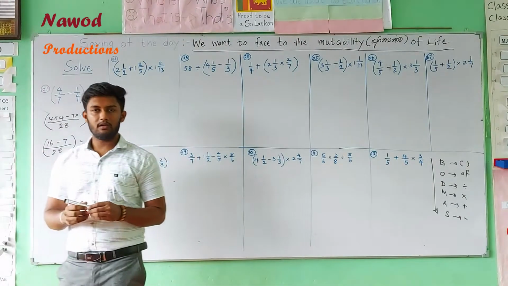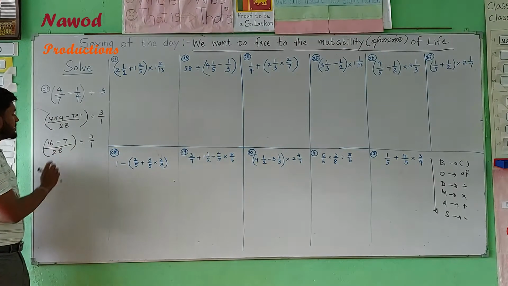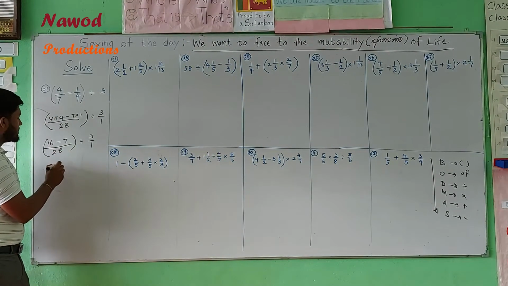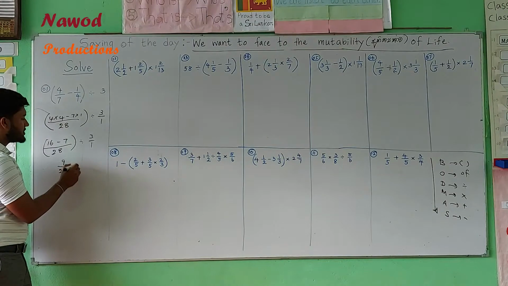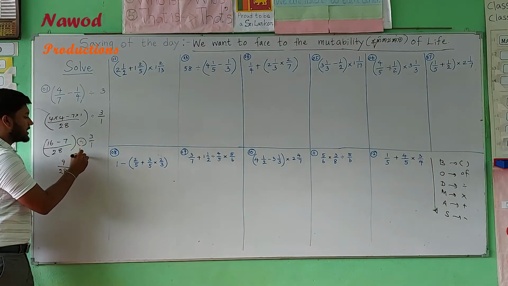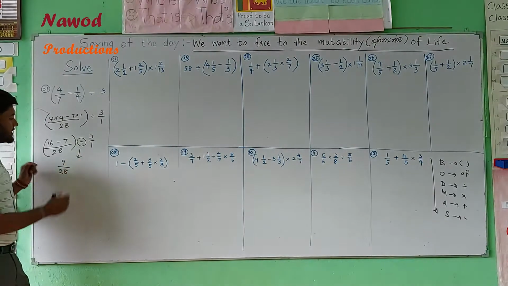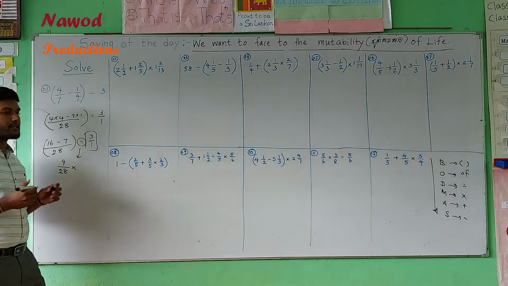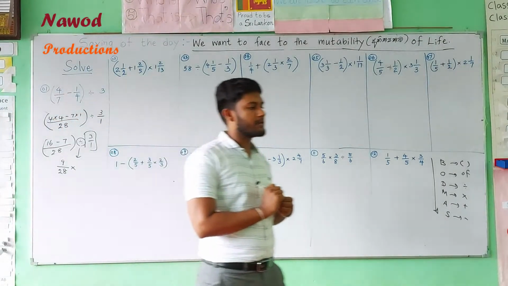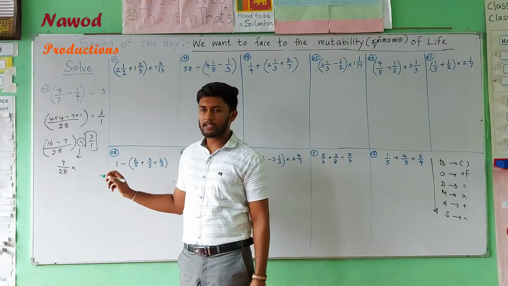Then you can solve this problem, right? 16 minus 7, then you can obtain 9 over 28. Division, you can convert into a multiplication by getting the reciprocal of this number. You know that when we get the reciprocal, we interchange the denominator and the numerator.